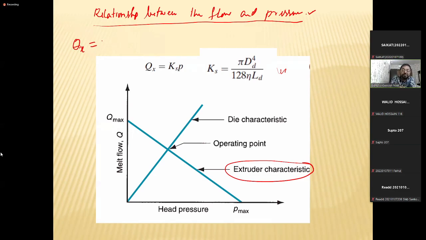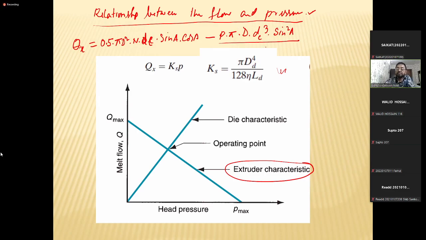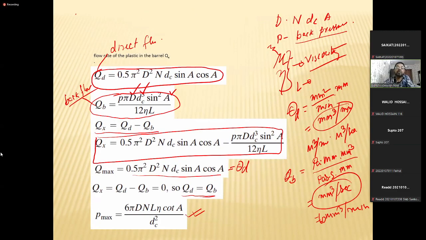See, Qx is equal to 0.5 pi d square dc sine A into cos A, minus the formula for P maximum, that is P pi d dc cube sine square A divided by twelve mu L.